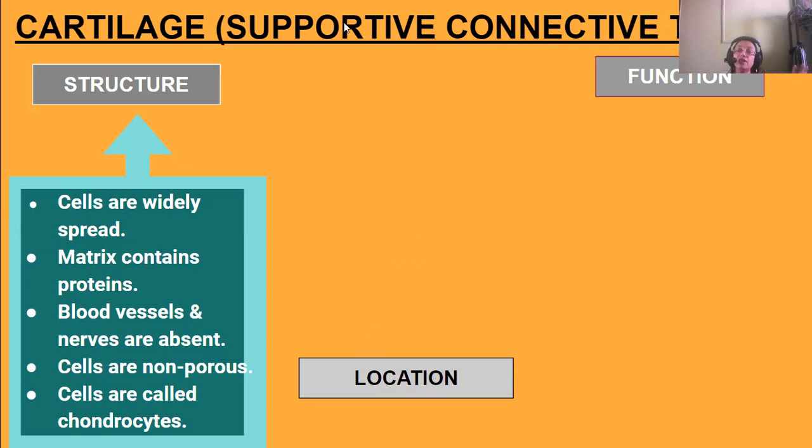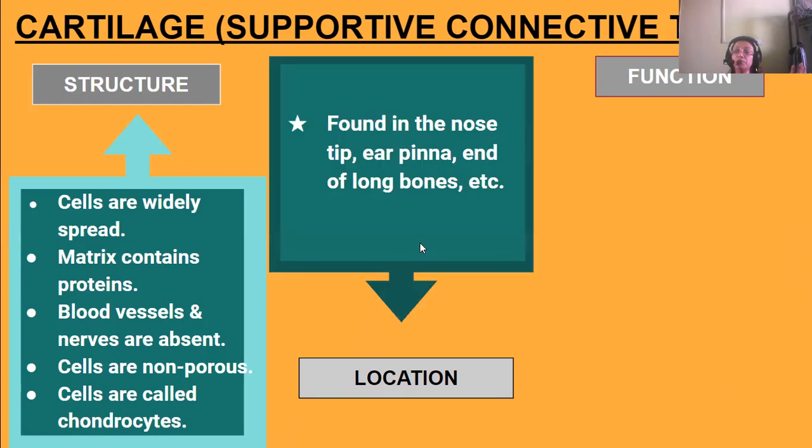Where are these cartilage cells located? They are found in the nose tip, which you can bend. That is the cartilage. Also the ear pinna, the outer ear, the flappy part of the ear which we can feel from outside, is made up of cartilage.